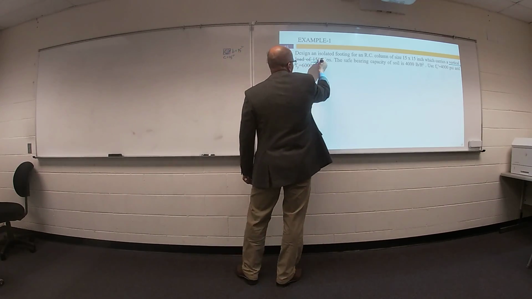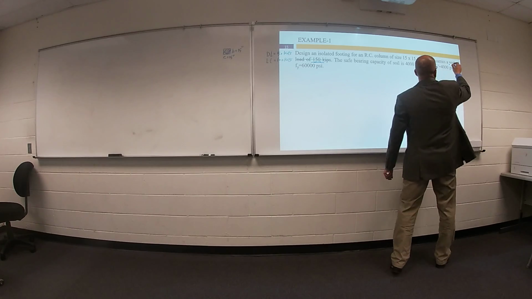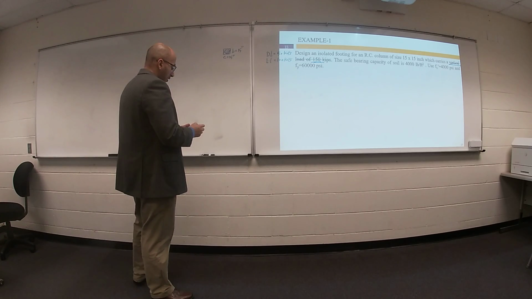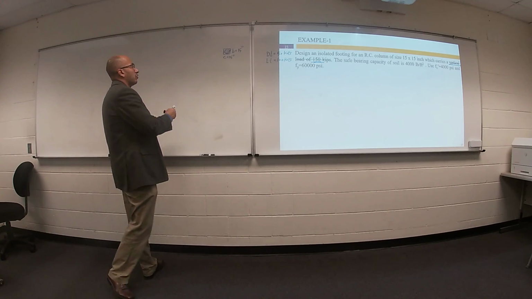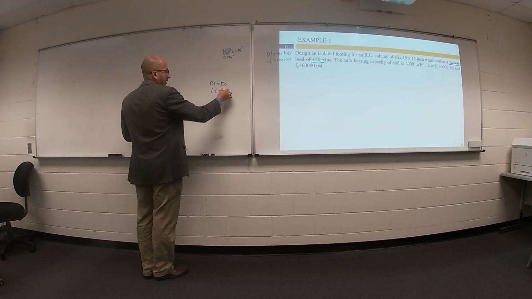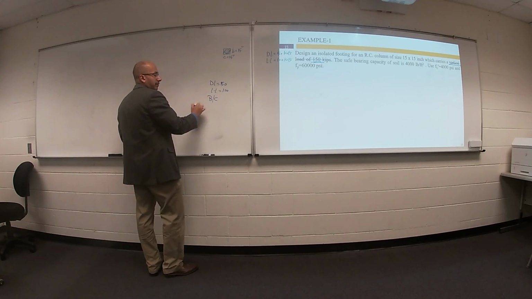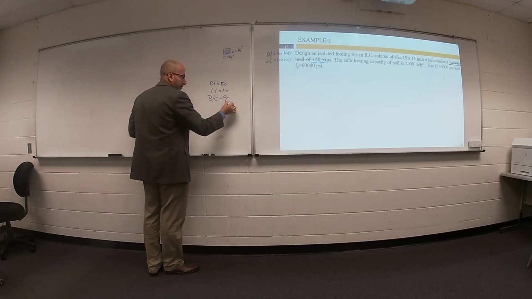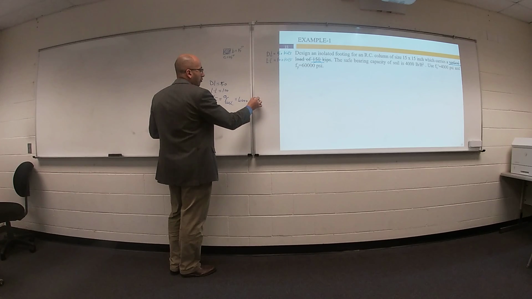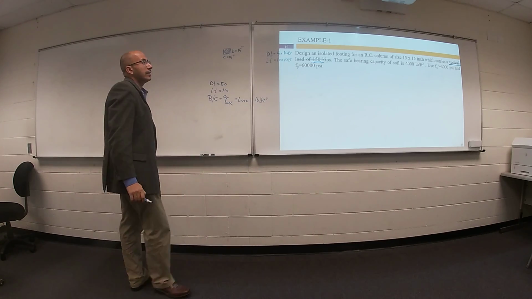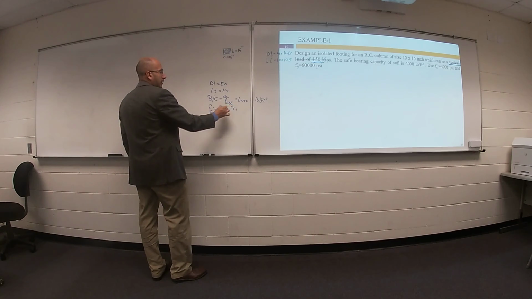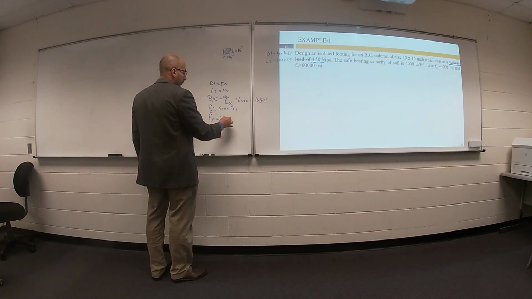I'm sorry, we need to determine which reaction is for dead and which is for live. Dead load equals 50, live load equals 100 kip, and the bearing capacity of your soil, q allowable, equals 4,000 pounds per square foot. f'c equals 4,000 psi. f yield equals 60,000 psi.